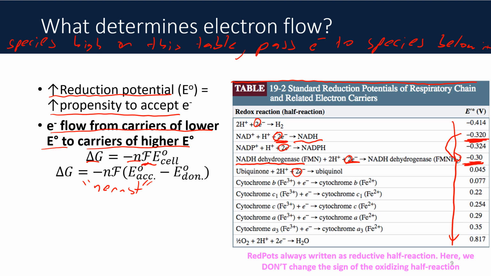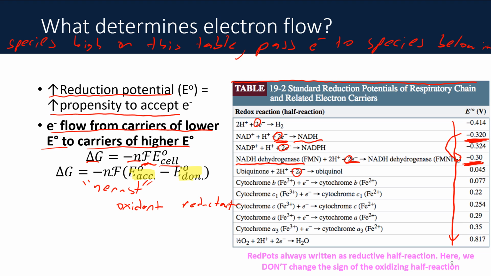And something that's called the E naught cell, the standard potential of the cell, which is the difference between the reduction potentials of your electron acceptor and your electron donor. Said another way, your electron acceptor is going to be the oxidant. Your electron donor is going to be the reductant.